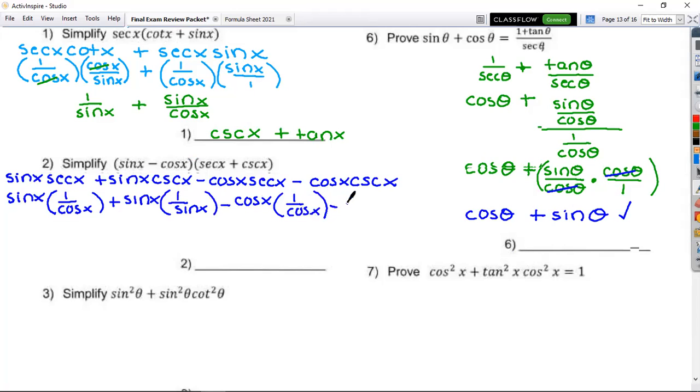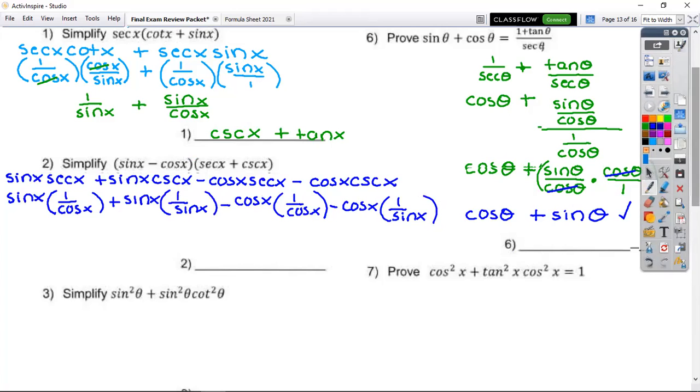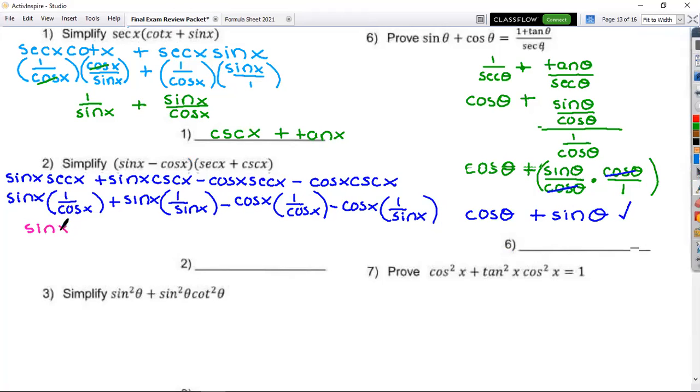And then last, I'm going to go cos of x times 1 divided by sine of x. All right. Now you're going to cancel. Just switch colors. All right, so I can't cancel this one, so I'm going to leave it like this for a second. So this just gives me sine over cos.